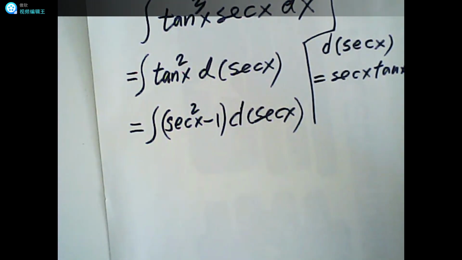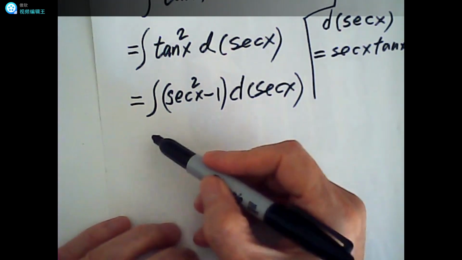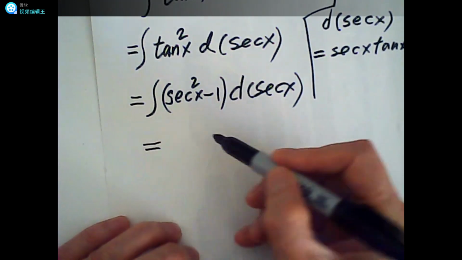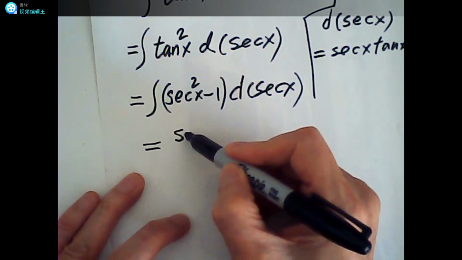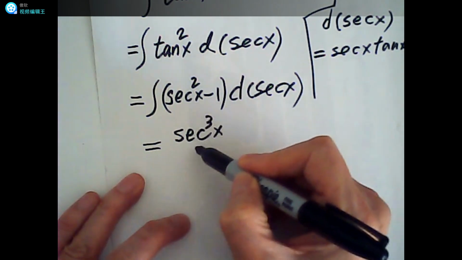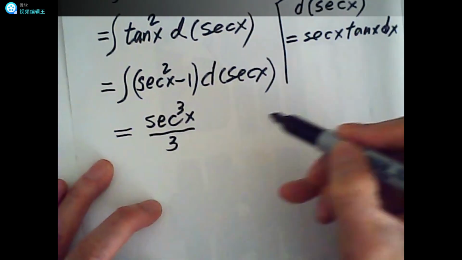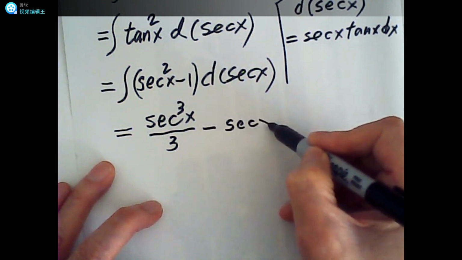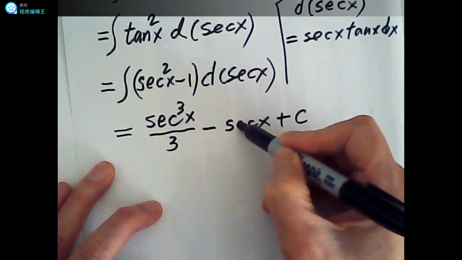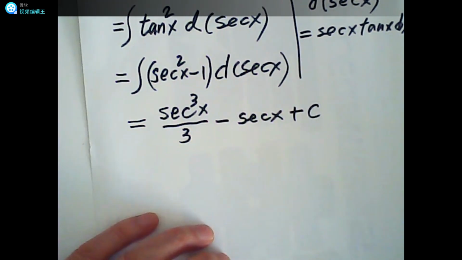Then this one is equal to secant squared d secant. That is secant cube x over 3 minus d secant is secant plus c. Okay, so finished.